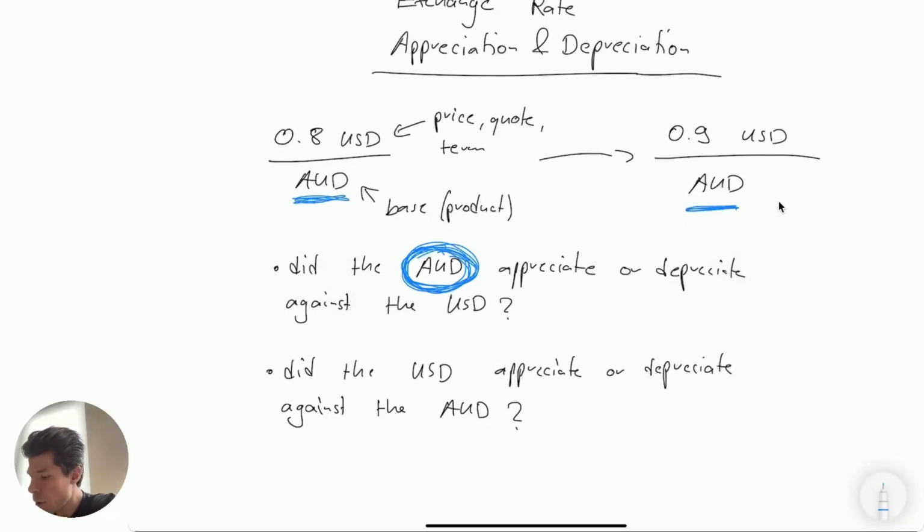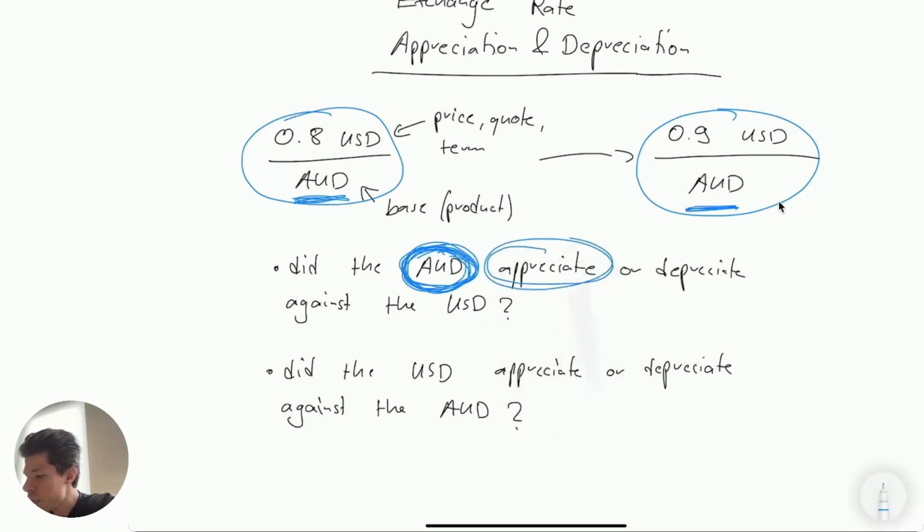So to answer these questions, we can look at this exchange rate and this exchange rate. And what we see is the number has increased.